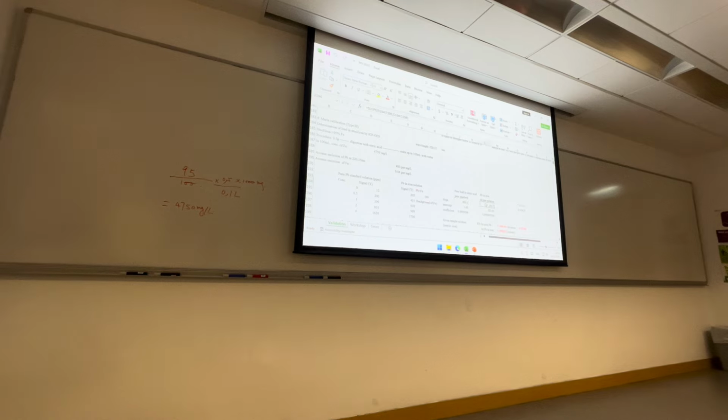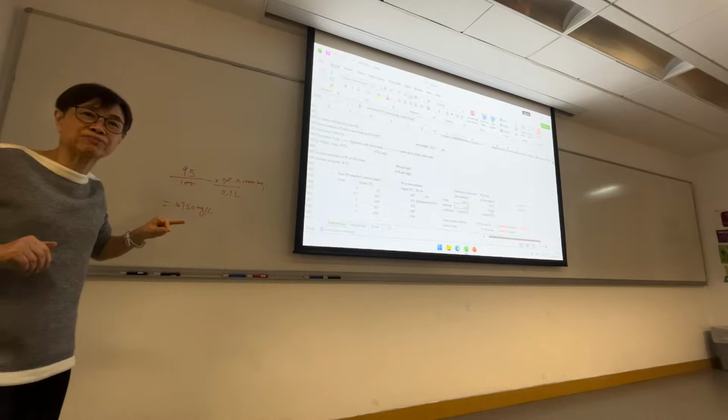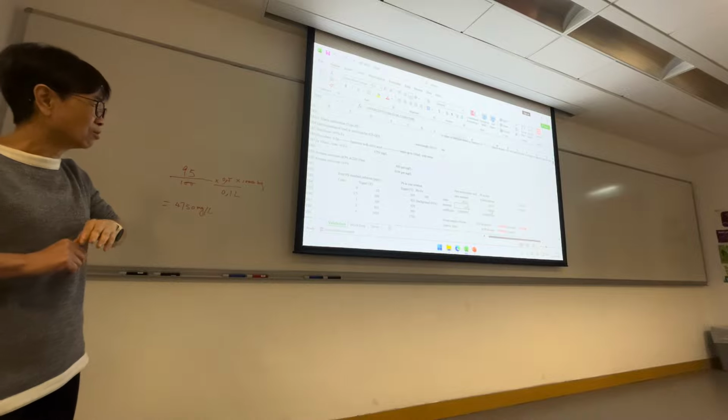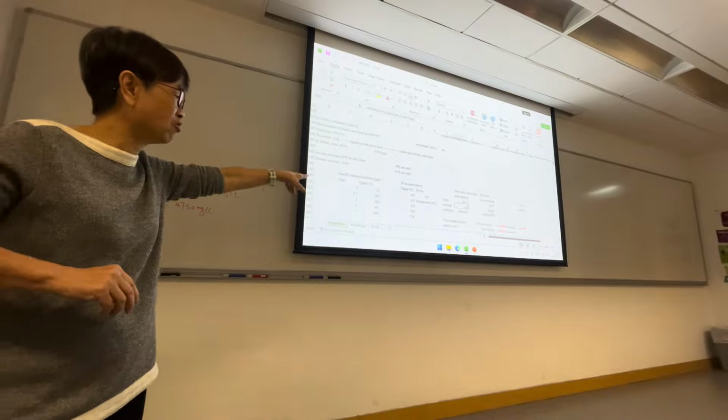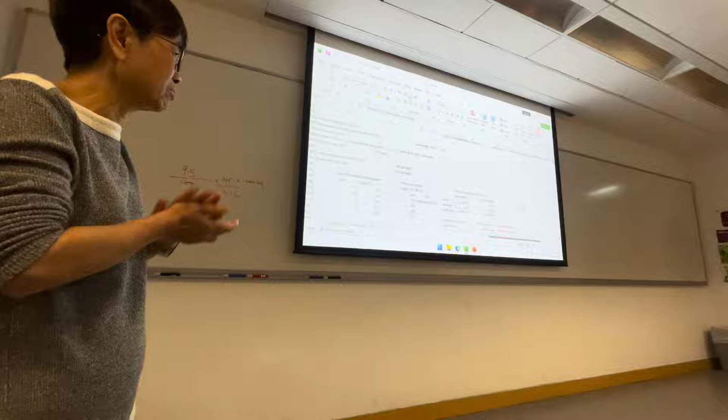The slope is the same because this is proportional to the lead concentration. So the slope will not be changed largely, but only the intercept will change, because this intercept is basically the background of your iron solution, okay? So the coefficient, both of the equations are quite good.